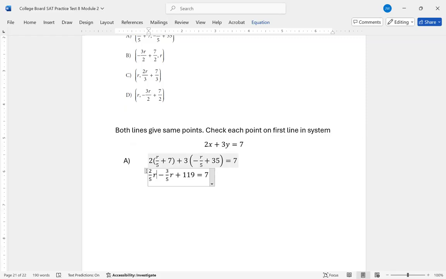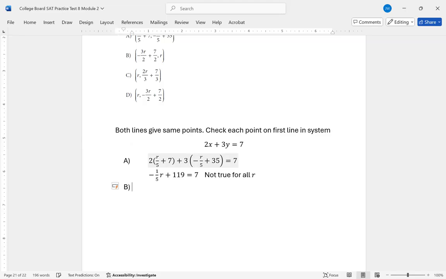And then when I combine 2/5 r minus 3/5 r, I get minus 1/5 r. To save a little bit of room, I'll just do it right there. That is obviously not true for all values of r. So that's not true for all values of r, and therefore option A is not going to work.